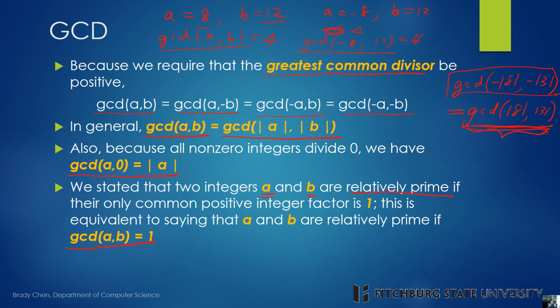Now relatively prime means these two numbers have no common factors except for 1. As we mentioned, 1 can divide any number, so 1 is actually out of the question. We normally treat 1 as a very special number. But if two numbers' only common divisor is 1, then we call these two numbers relatively prime. Okay.